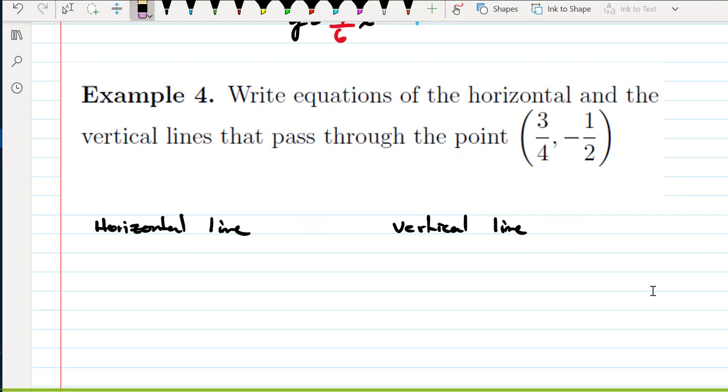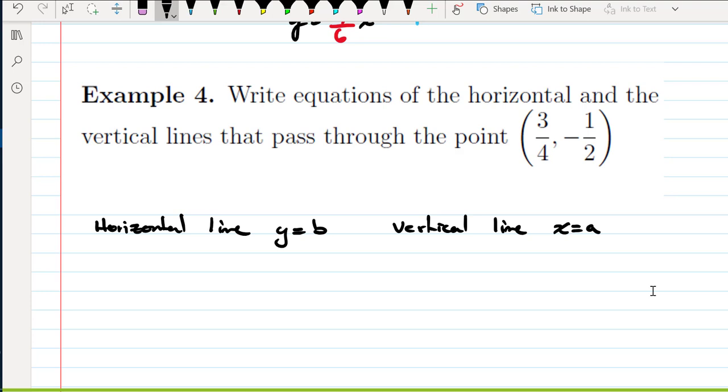No, I have those backwards. I am so sorry. Horizontal line is y equals b, and our vertical line is x equals a. So just to be very clear, I wrote them in the opposite order. Horizontal lines are y equals b, and vertical lines were x equals a.